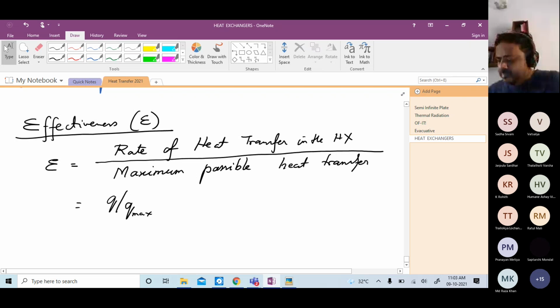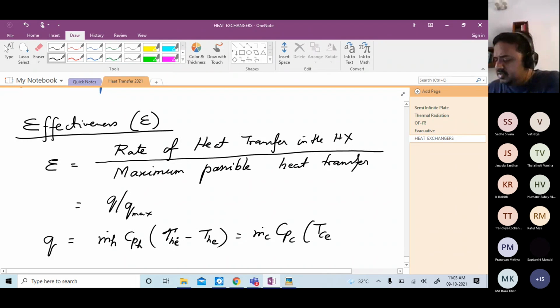Okay. Now, what is Q? Q is m dot h Cph times (Thi minus The), equal to m dot c Cpc times (Tce minus Tci).